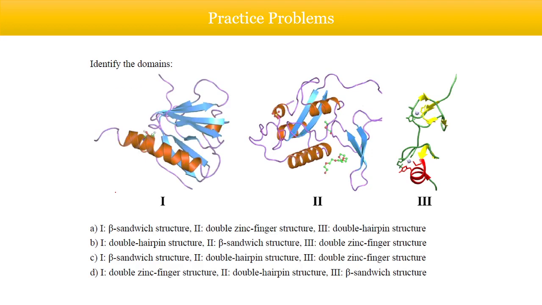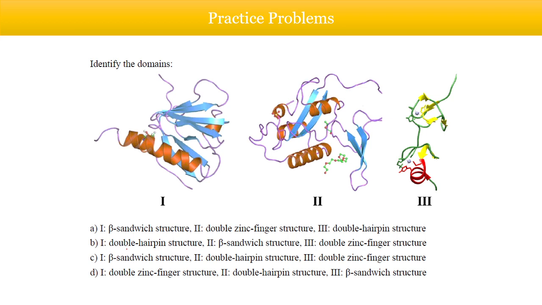Now you have to identify these domains. For the identification of these domains, the first one is your beta sandwich structure.